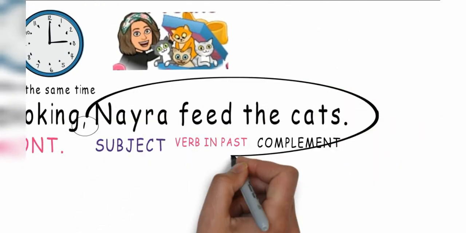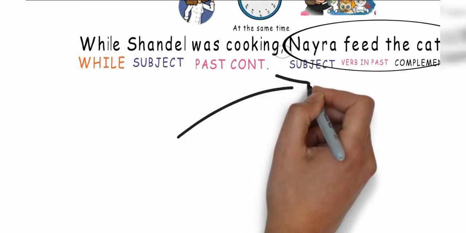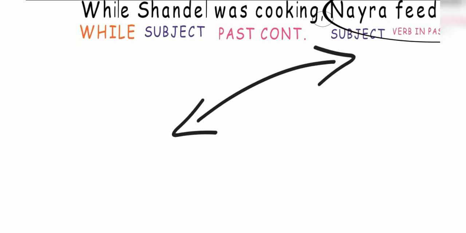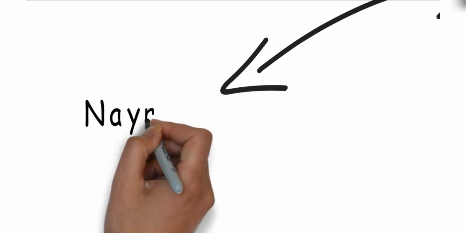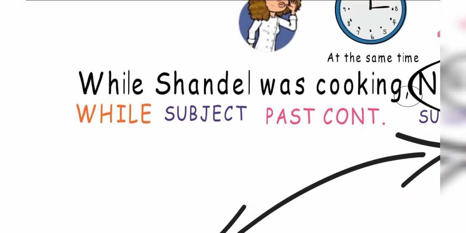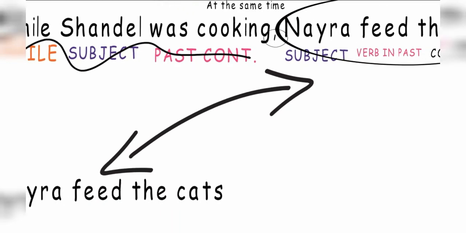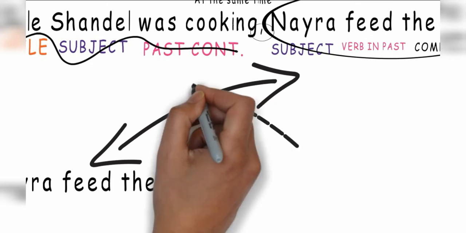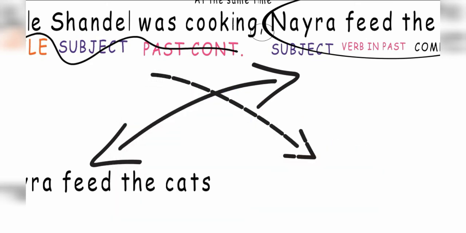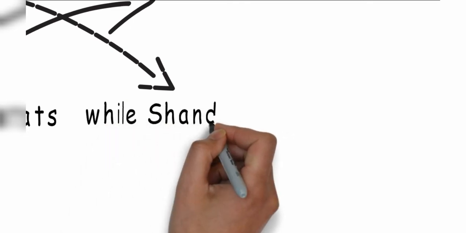Remember that we have another way to write. We can write this sentence at first: Naira fed the cats, without comma, and then the second sentence, like this: while Chandel was cooking.